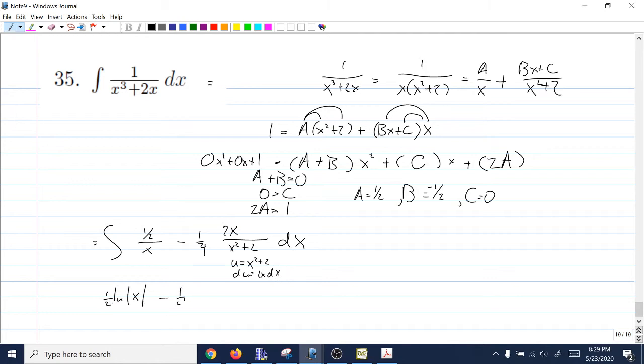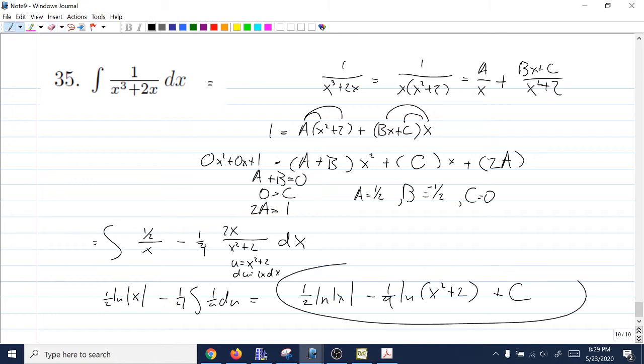The second integral turns into minus 1/4 integral 1 over u du. So this turns into half natural log absolute value x minus 1/4 natural log absolute value u, which is x squared plus 2. Oh wait, x squared plus 2 is positive, so I don't need the absolute value on this one. Plus a constant.